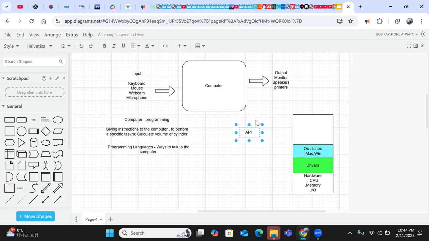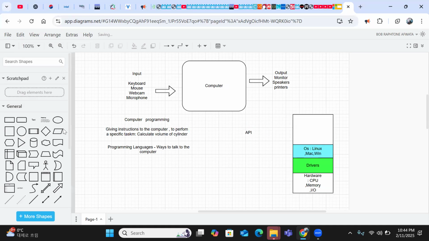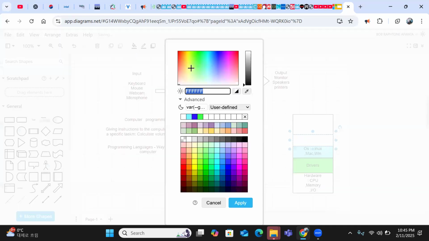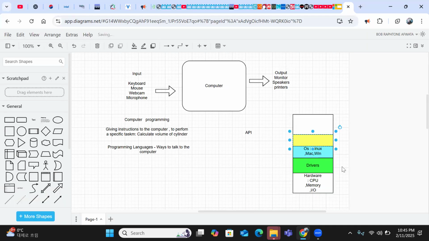There is the Windows API, and normally it's called the application programming interface. Basically, it's how you are talking to the operating system. We'll put this here first.